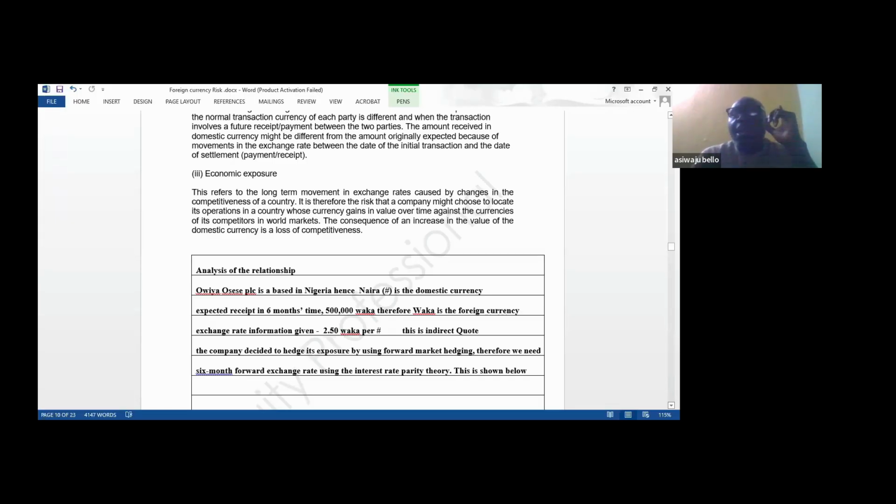Deliberately, we have taken pains to explain this again, because your exam is a combination of calculation and theory. About 45% of your questions are likely to be in theory. That means as you are preparing for calculation, you also prepare along with the theories.